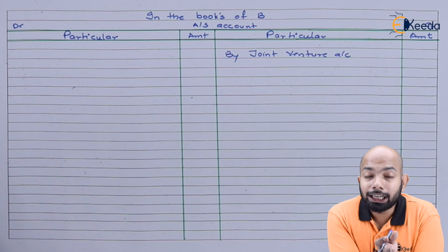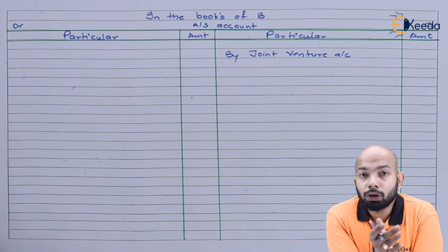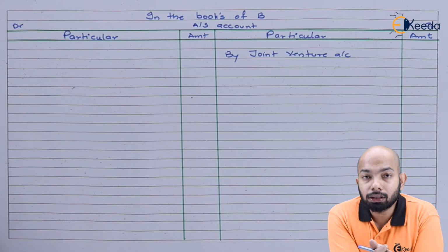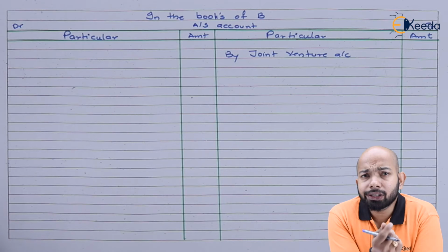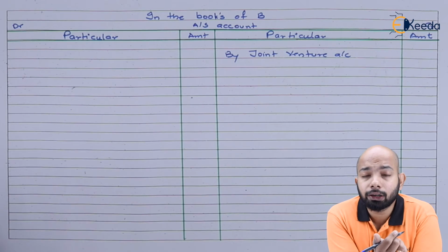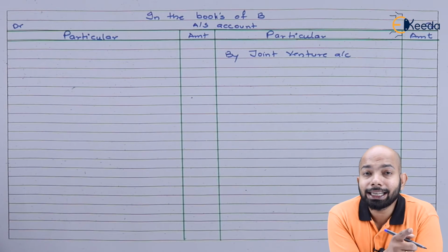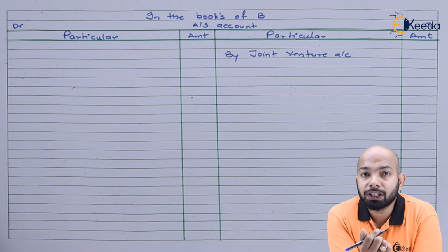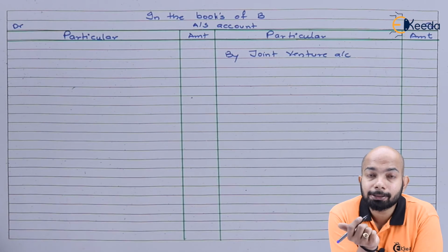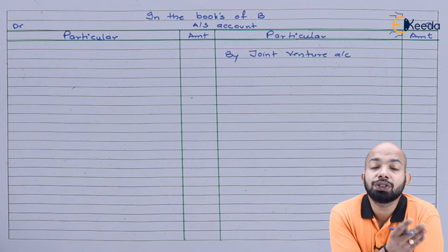So on the credit side, which is related to A, we will mention all the expenses related to A here. So all the expenses that are done by A, that means registration fees, the prospectus, the printing, etc., will be mentioned on the credit side of his account, because the entry at that time would be joint venture account debit to A. So on the credit side of A's account, it will be by joint venture and all the expenses done by him, including the cost of shares as well.